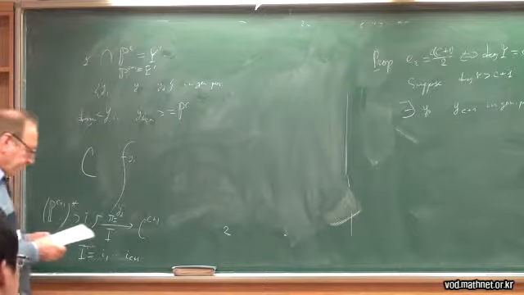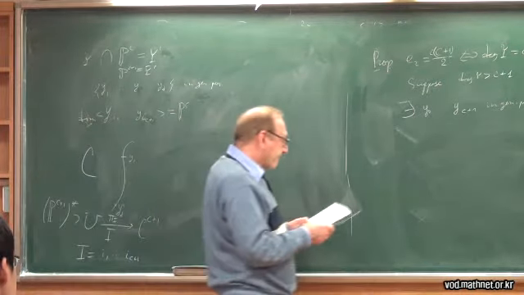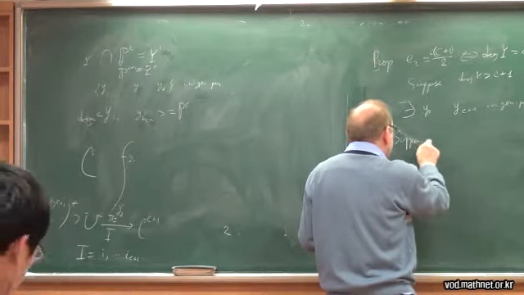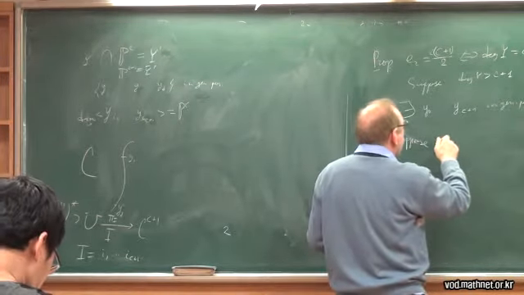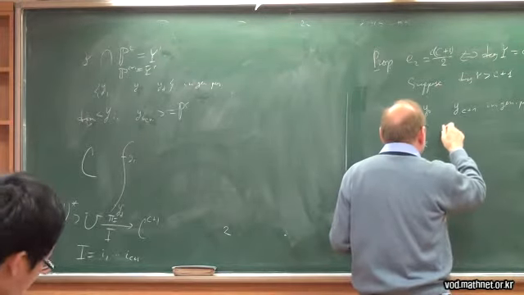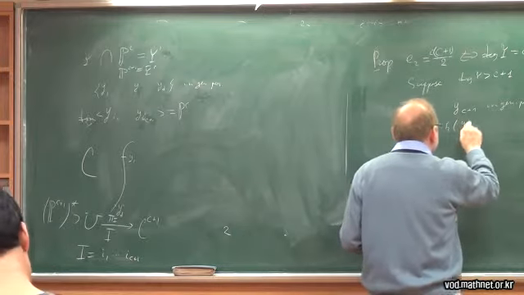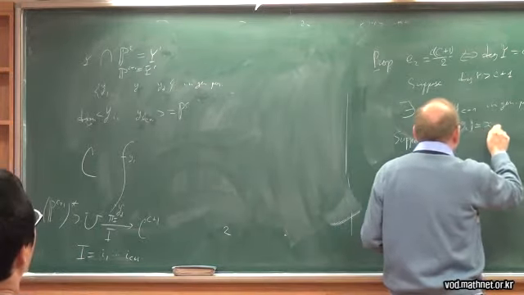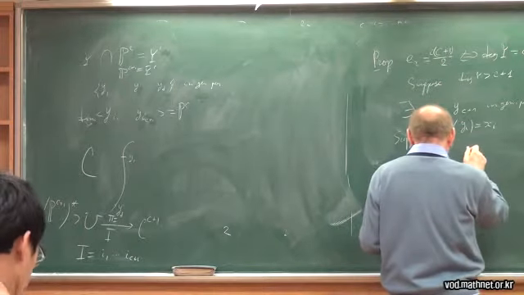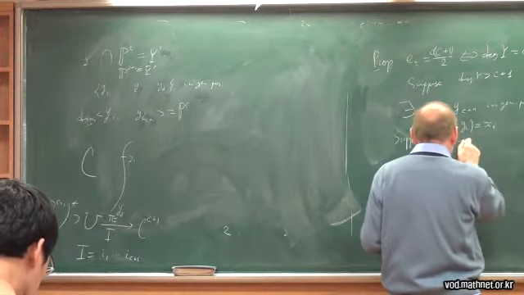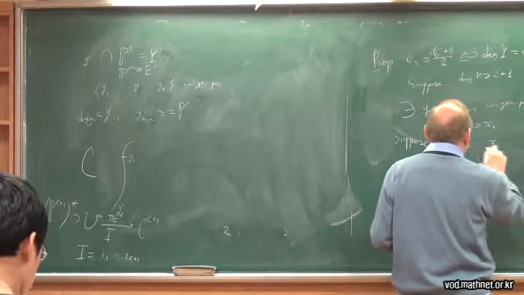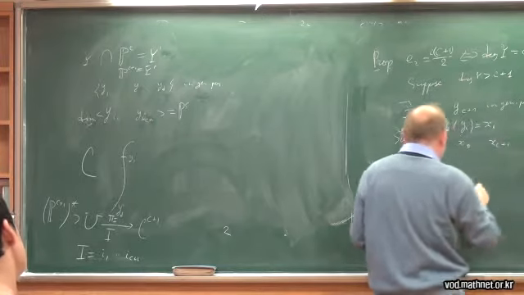Suppose we consider the corresponding Veronese images. And suppose that these points are x0, x1, ..., so c plus 2 of them.